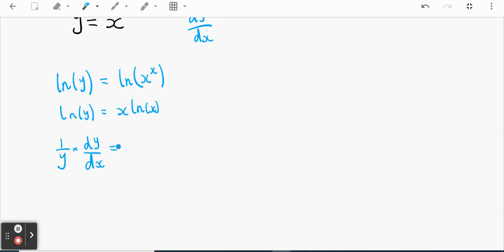And then on the right-hand side, we have a product, so we let u equal x and v equal ln of x. du/dx is equal to 1, and dv/dx is equal to 1 over x, because ln of x differentiates to 1 over x.